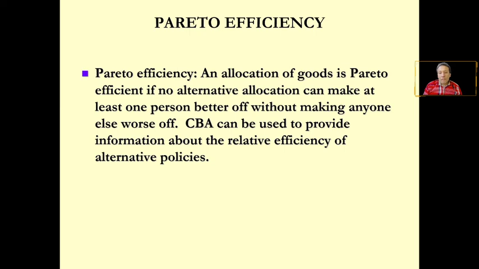Pareto efficiency is an allocation of goods that is efficient, taking into account two groups of people. The two groups are said to be in Pareto efficiency if the project can make at least one person better off without making anyone else worse off. So if a project makes a person better off by making someone else worse off, that is not Pareto efficiency.